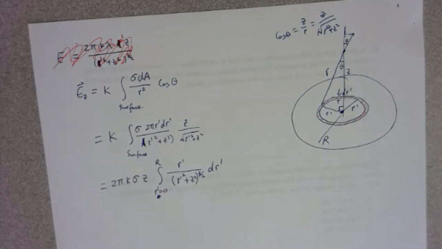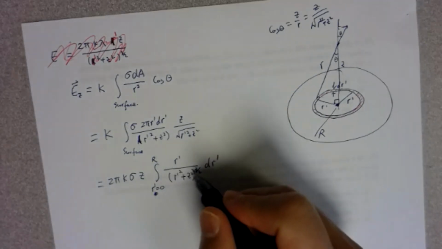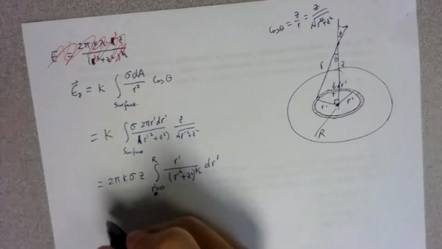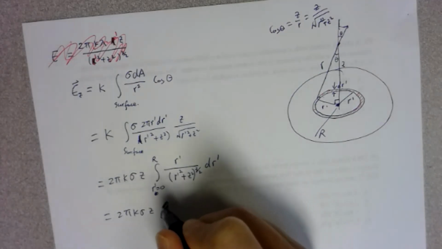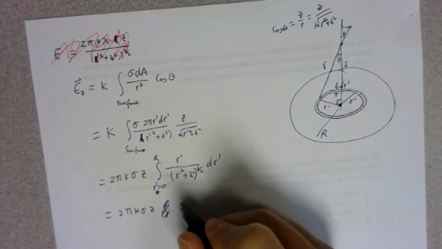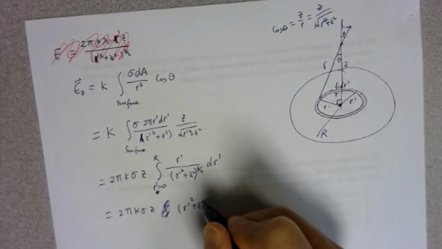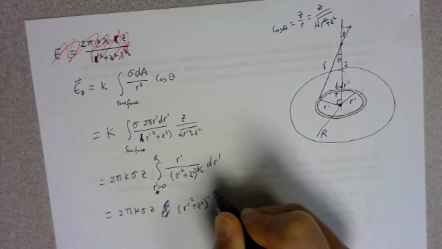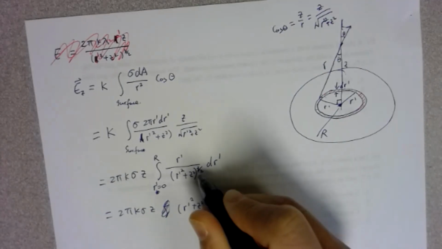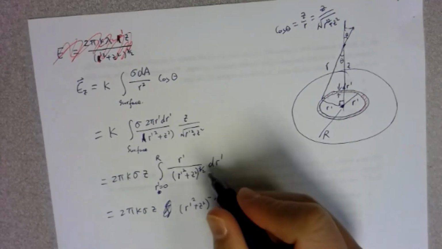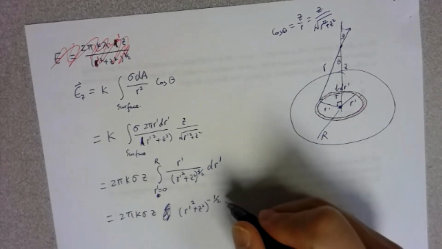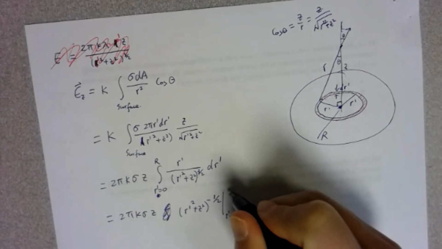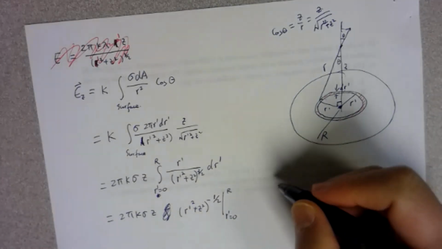The result of the integration of this actually gives you 2 pi k sigma z, and now the integration is gone because you integrated, so r prime squared plus z squared to the minus 1/2, because the power of minus 3/2 is raised by 1. Maybe it's not straightforward to see this, with the lower limit and upper limit.